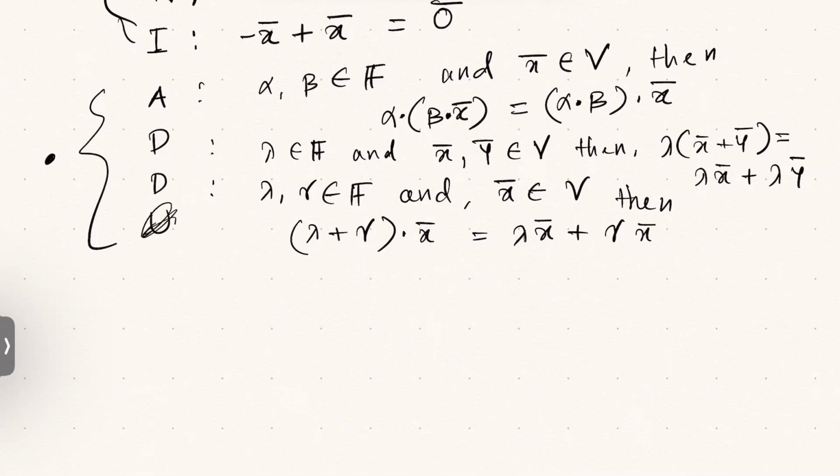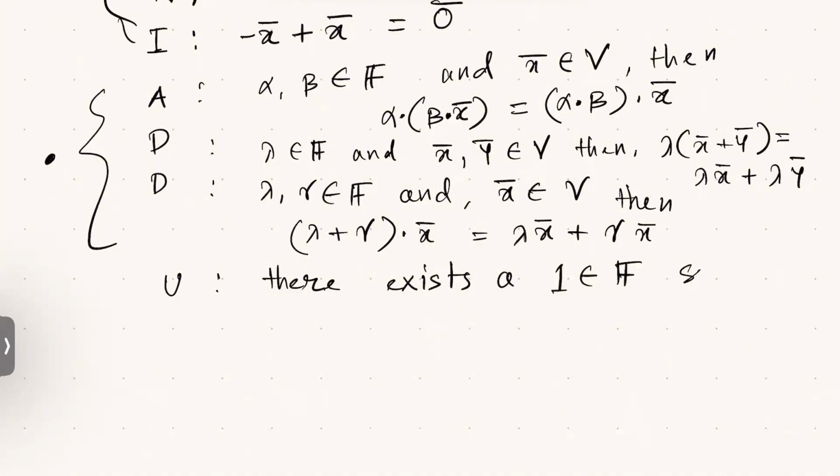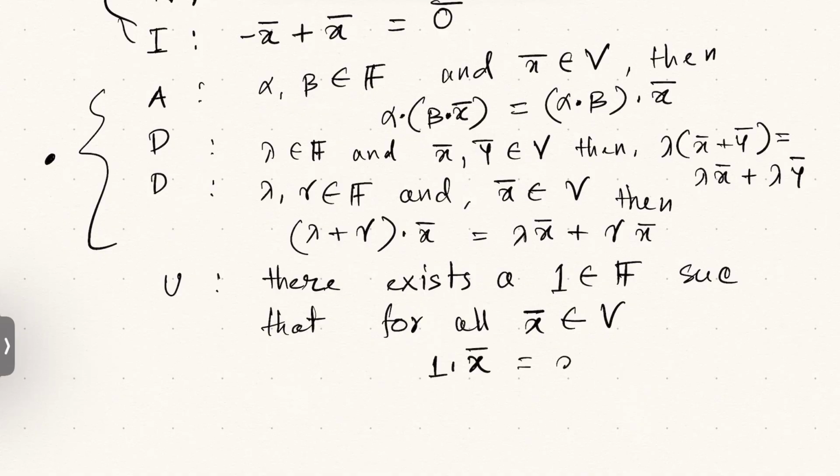And finally, we have the unit of multiplication. So there exists a 1 belonging to the field such that for all x belonging to the V vector space, 1 dot x equals x vector.